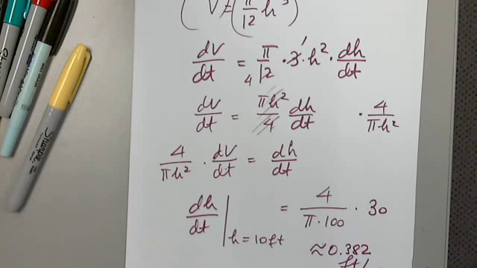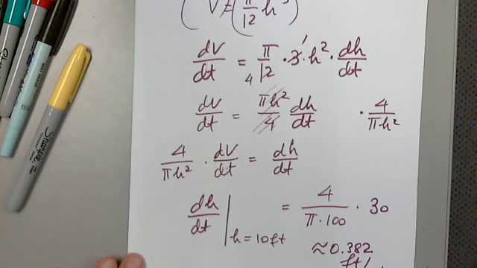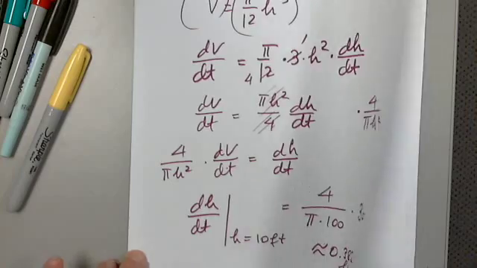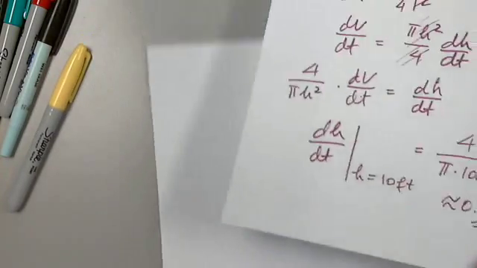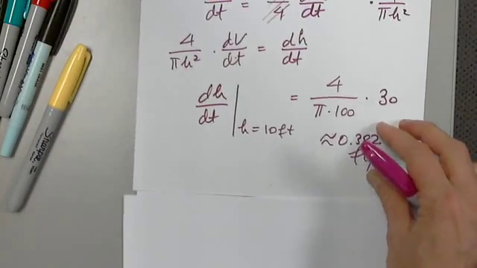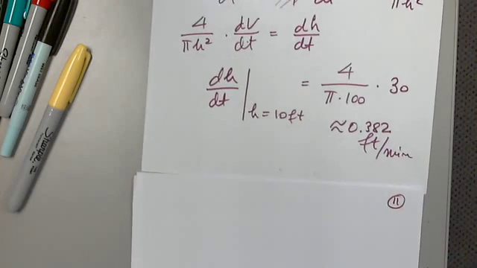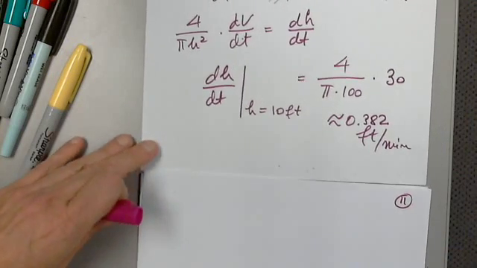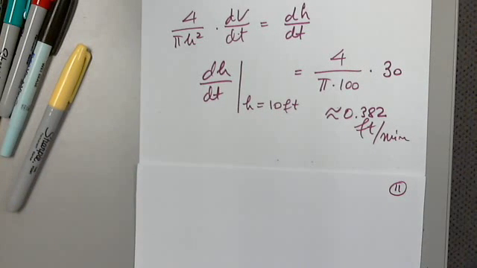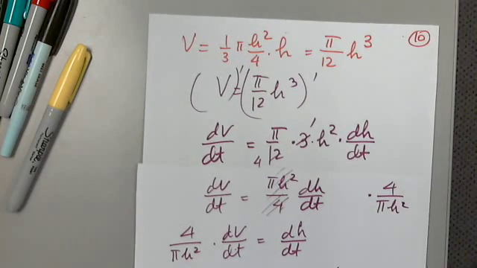Any questions? Anyone? Any questions? Yes. For pi H squared before, how did you get 4 over pi H squared?